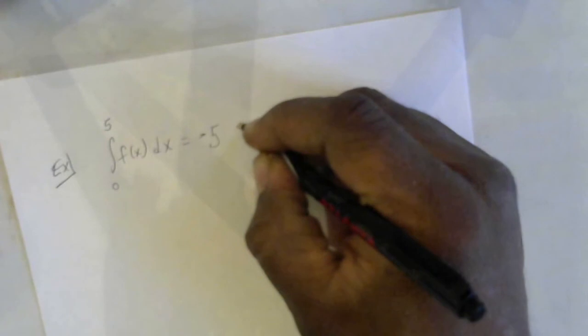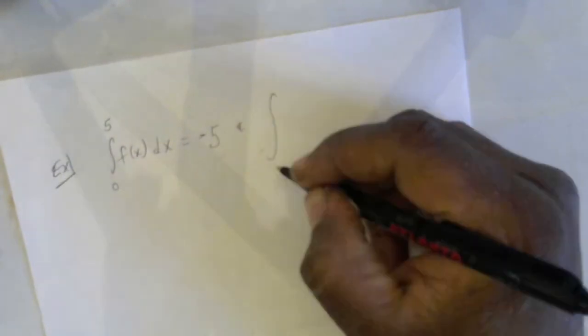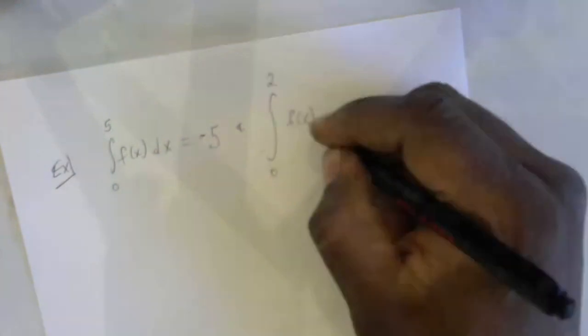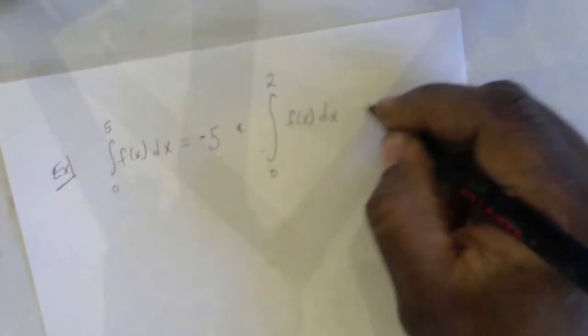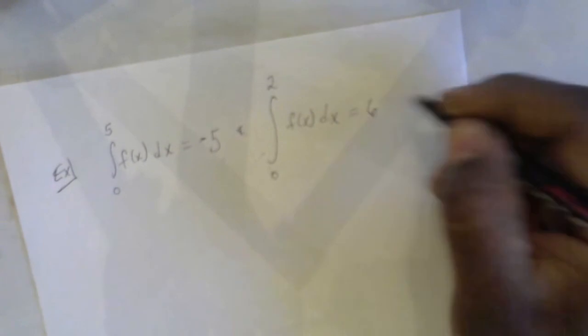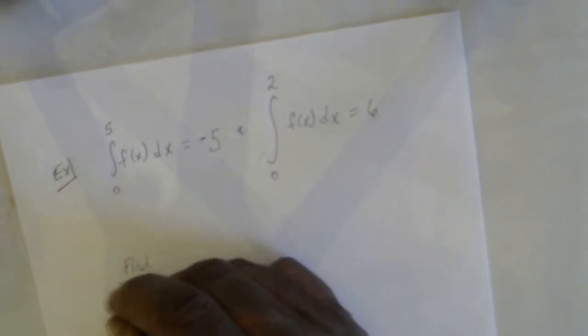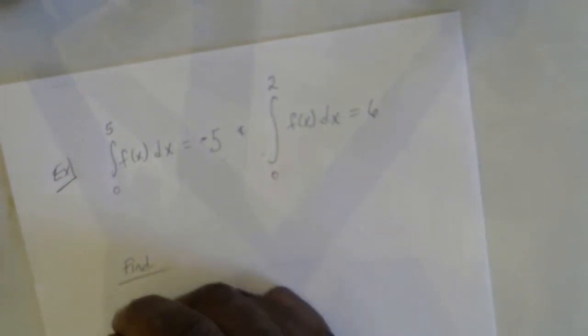And the integral from 0 to 2 for f of x dx should equal 6. So these are two facts that I'm given. I'm asked to find the integral from 2 to 5 of f of x dx.